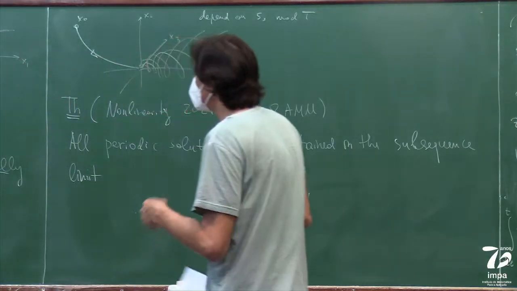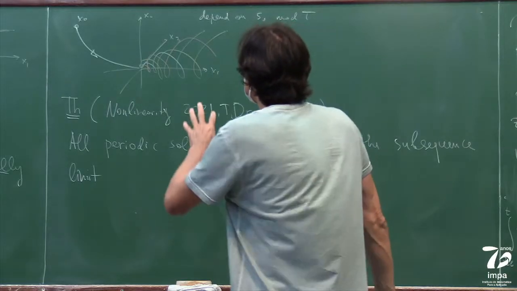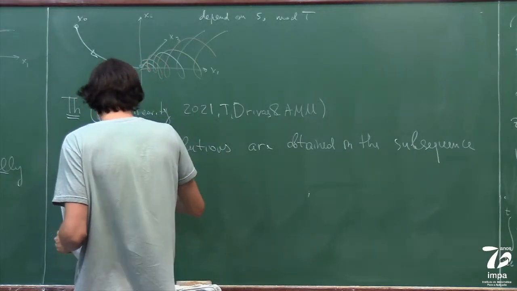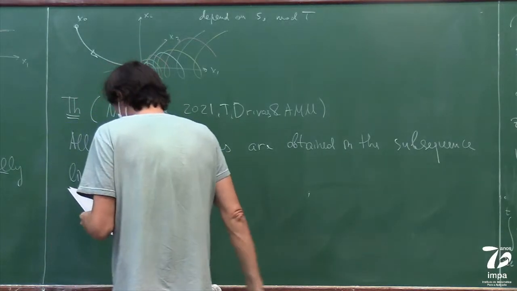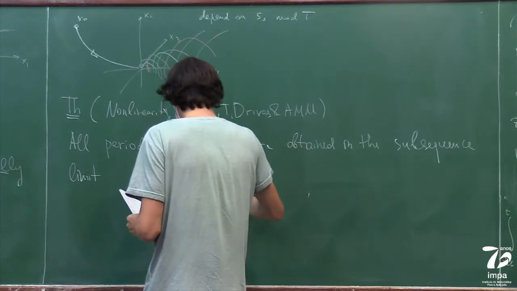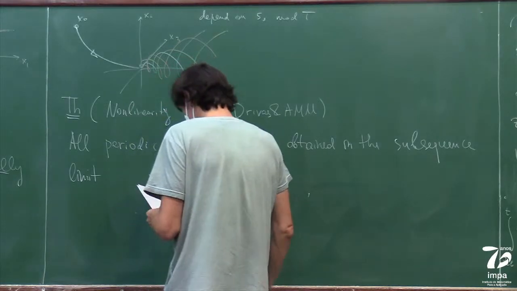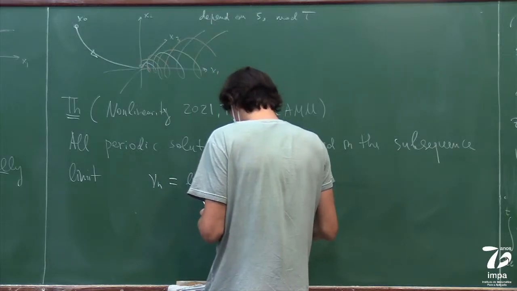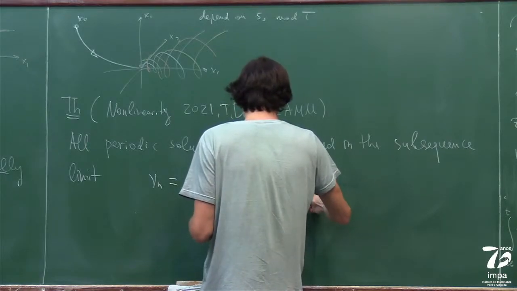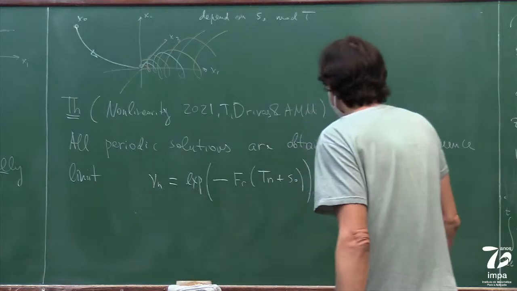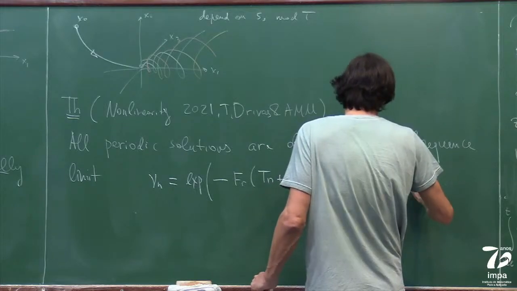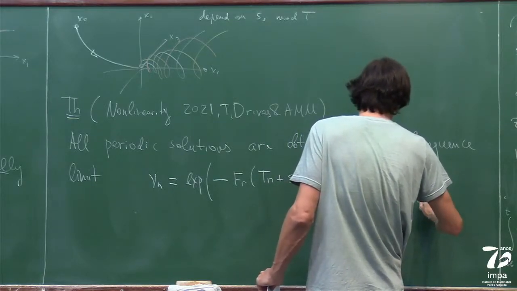So now, again, the limit that we obtain does not depend on regularization. But in principle, it's not unique. So the subsequence limit is that nu n is taken as exponent of minus Fr tn plus S0. And you see that n is an integer, so nu n goes to 0 as n goes to infinity.